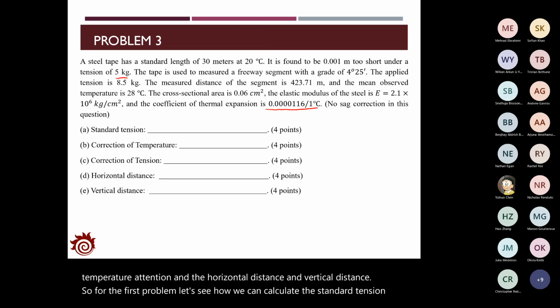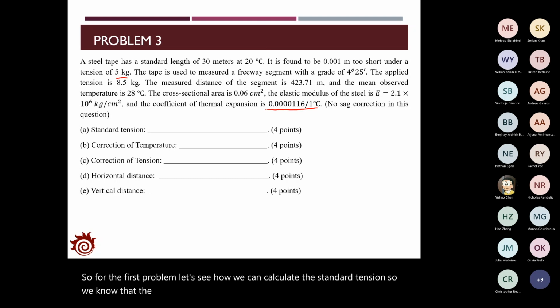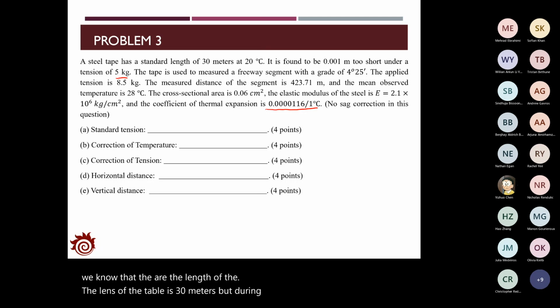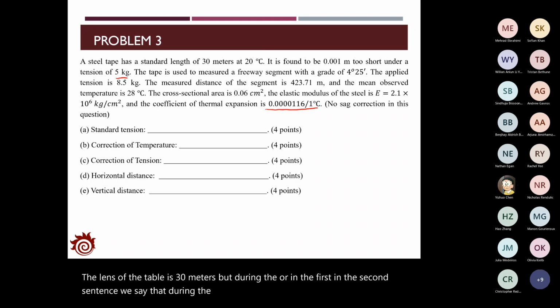We know that the length of the tape is 30 meters, but in the second sentence we say that during the calibration process we found the tape is 0.001 meter too short with a tension of 5 kilograms.